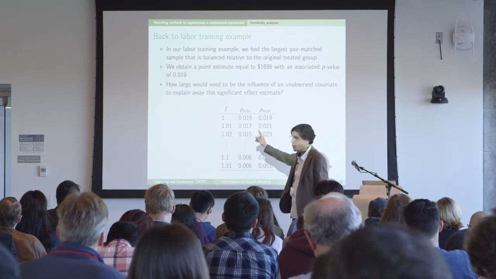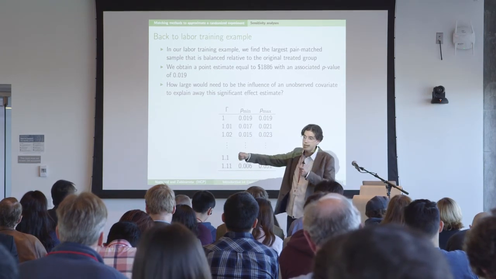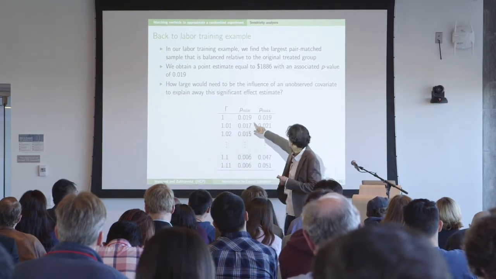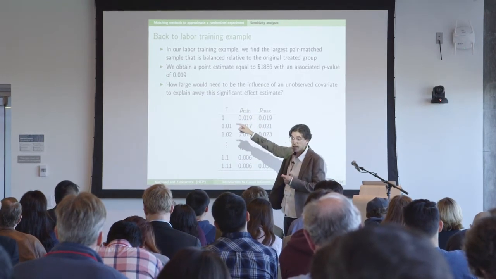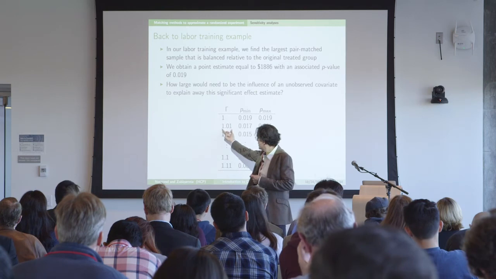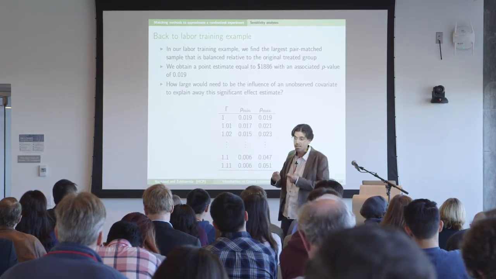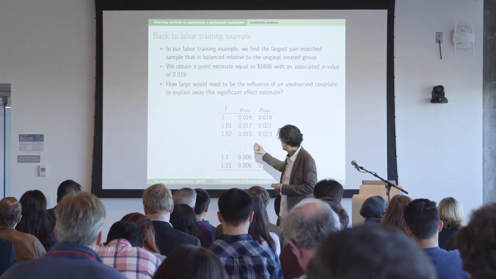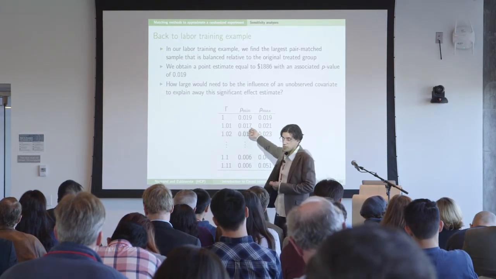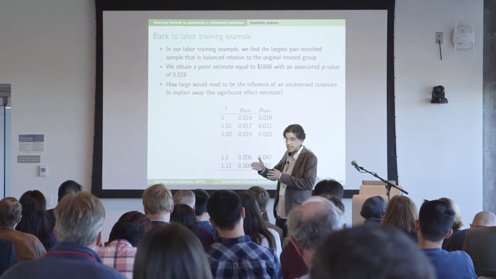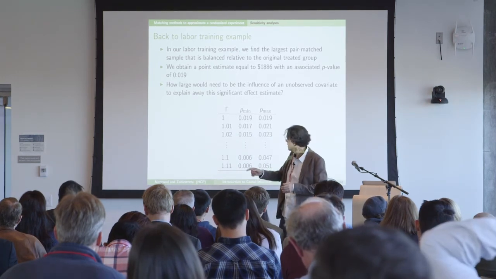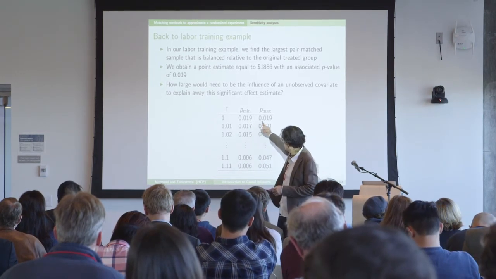When gamma is equal to 1, I have 2 extreme case p-values, which are the same, 0.19 as before. But as units depart in their probabilities of being treated because of an unobserved covariate, my extreme case p-values, my worst case analysis, start to depart from each other. This p-value is smaller, this one is larger.